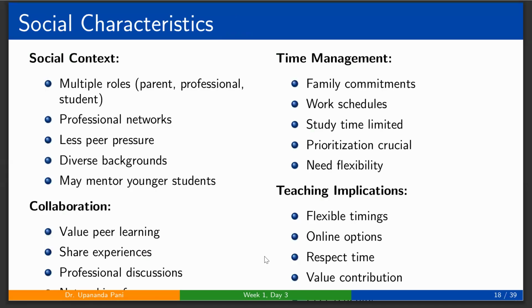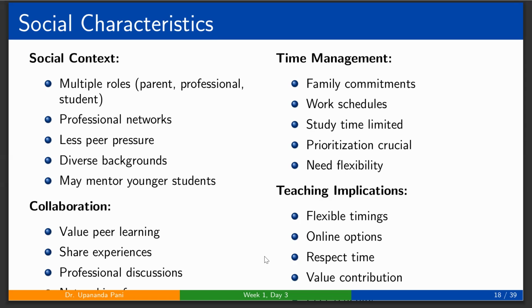And these are the social characteristics. What is the social context? There are multiple roles, like parent, professional, student. They have professional networks, less peer pressure, and diverse backgrounds. They may mentor younger students. There is scope for collaboration.